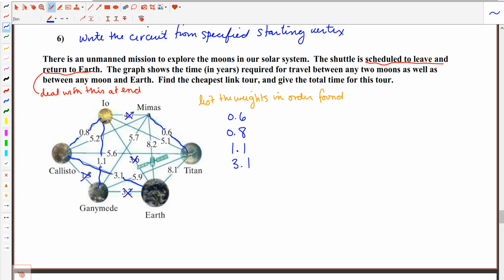Now at this point in time, you could keep running through this algorithm, and it will tell you which edges that you would want to grab, but we've kind of hit a critical point in the solution process. So I want you to note this graph has n equals 6 vertices.